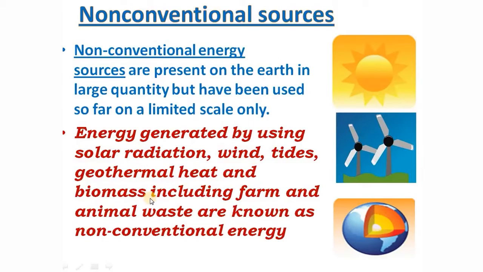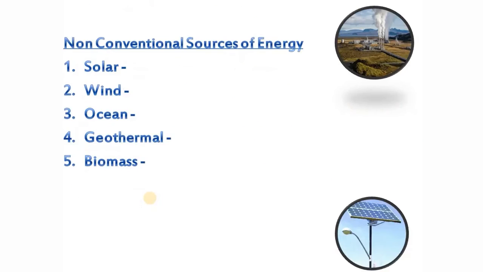They are collectively known as non-conventional sources. More specifically, these are given here: solar energy, the energy coming from the sun. We have recently developed much technology to convert it into useful forms of energy. Similarly, wind energy is another one. Wind blows, and it carries huge power.